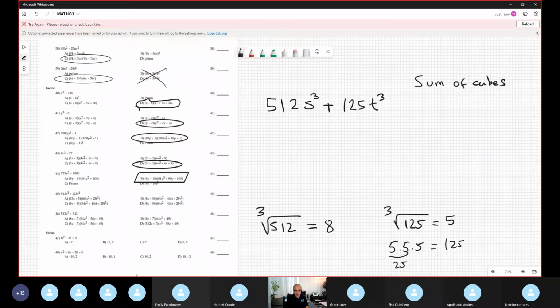So when you compute the cubic root, this is with the variable also, and the cubic root is 5t. The action of this arrow is obviously cubing. Makes sense?